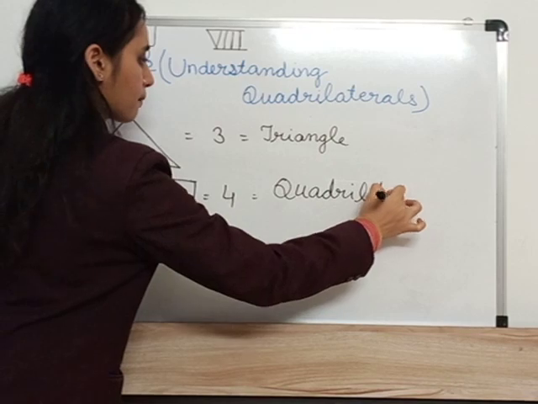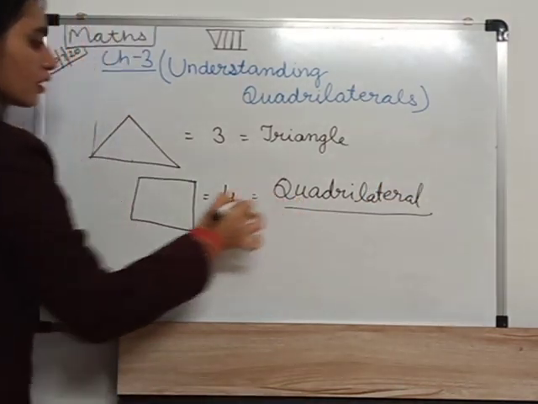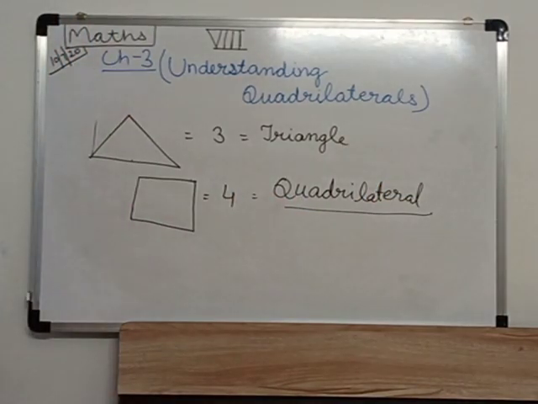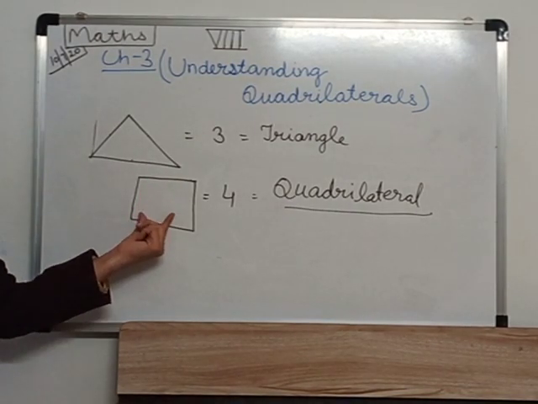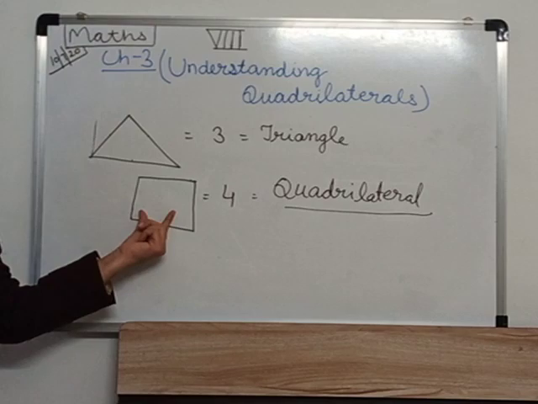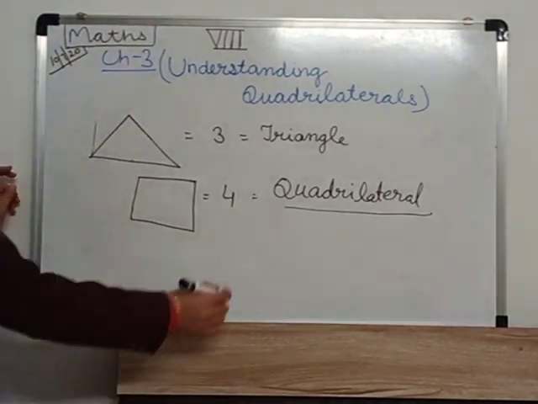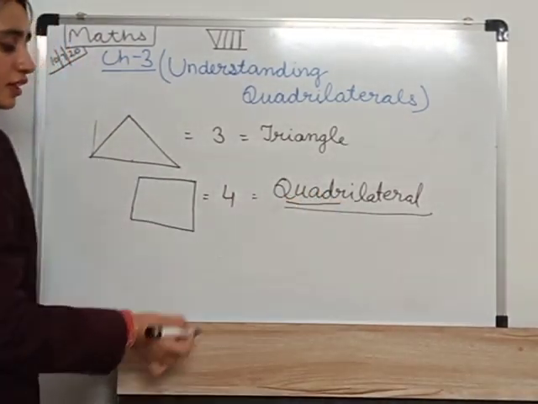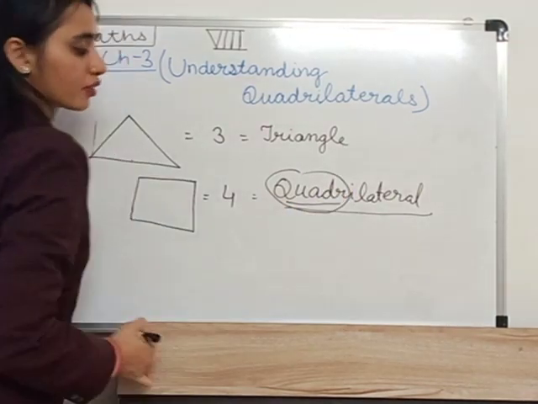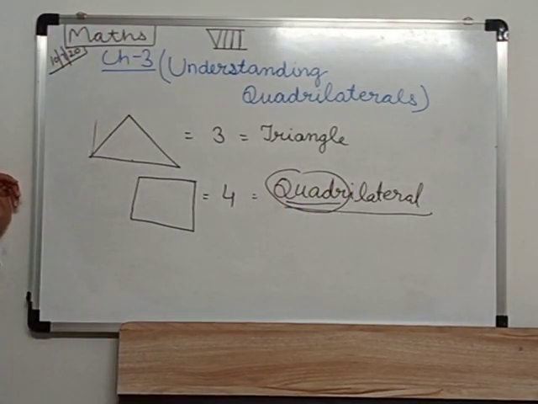This is our topic name, quadrilateral. Our chapter name is quadrilateral, in which we discuss 4-sided figures. Quadri means 4, 4 sides.